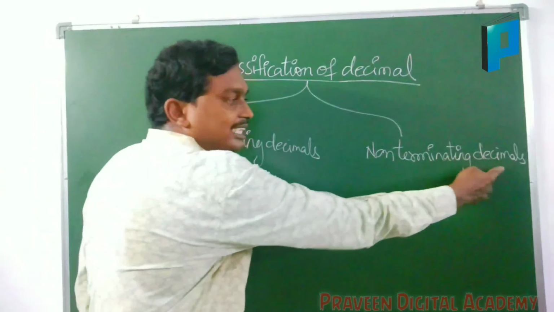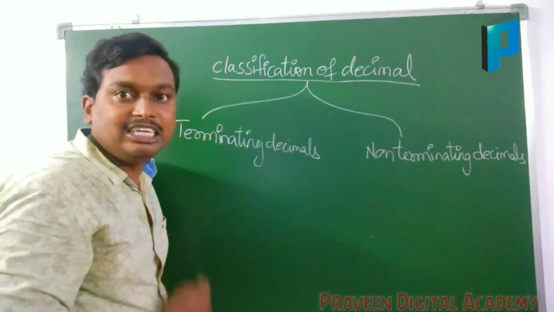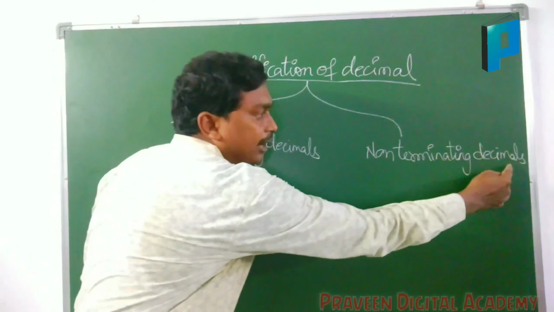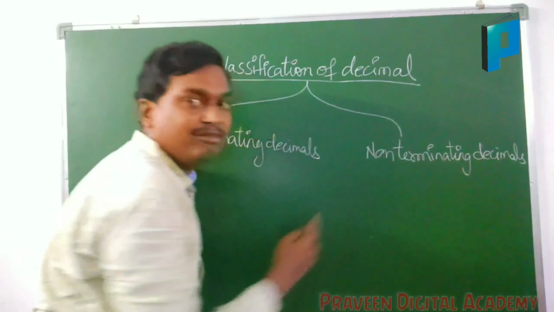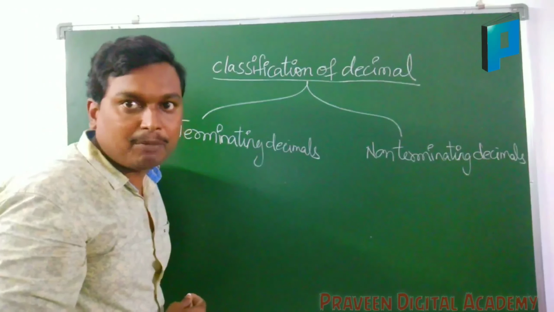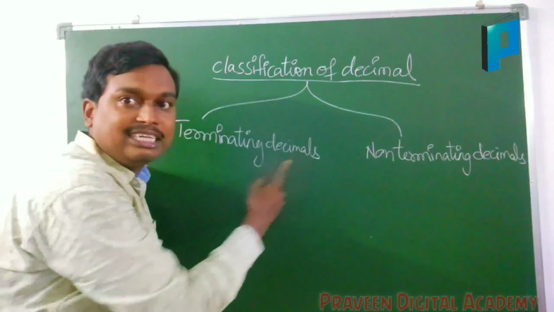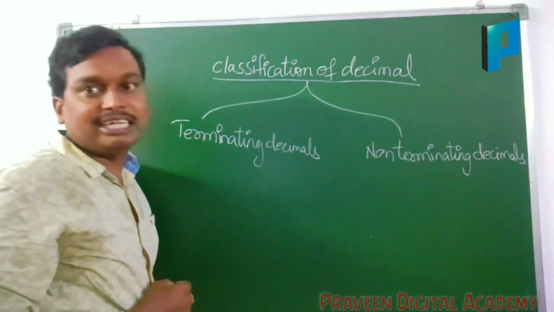A decimal system which does not have an end is called non-terminating decimal. Non-terminating decimals will have infinitely many numbers after the decimal point, while terminating decimals will have a finite number of digits after the decimal.